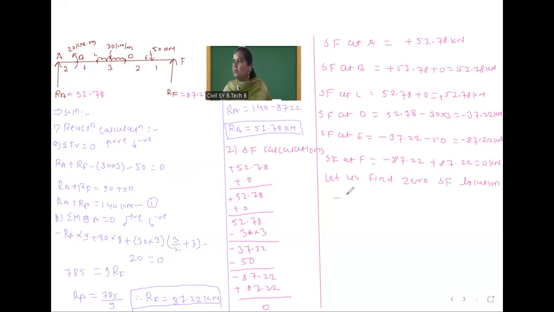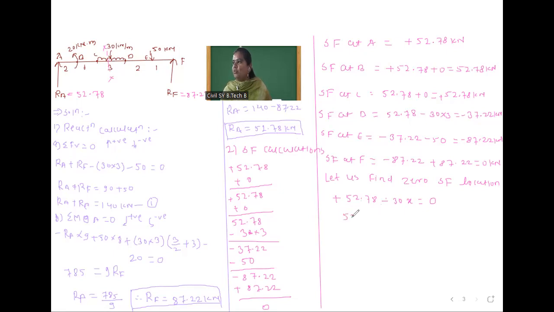So plus 52.78, and instead of this 30 into 3, we will consider x. We will calculate from this C side. So 52.78 minus 30 into x is equal to 0. We will take here a section, and this is called x. We will shift this to the right side.